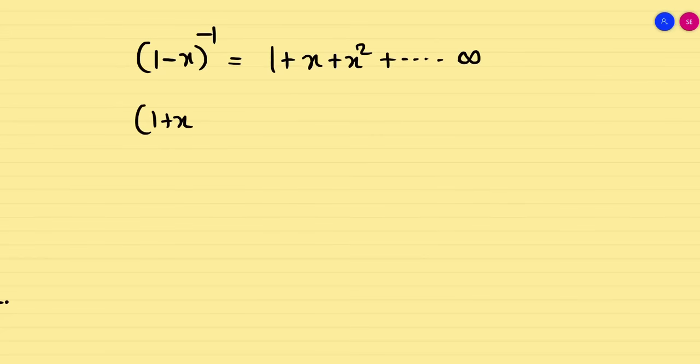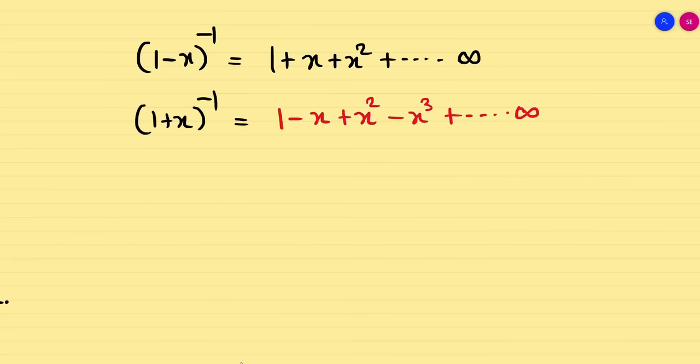If it is (1 plus x) whole power minus 1, the odd powers become negative and the even powers are positive. These are the formulae we are going to use in the problems.